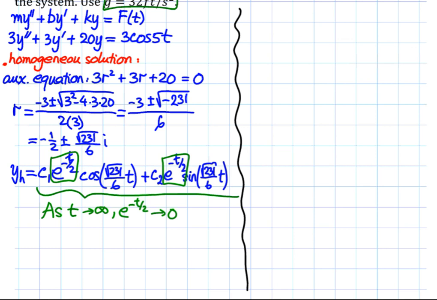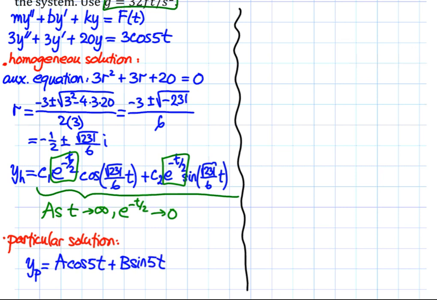So next, the particular solution. We will use the undetermined coefficient method to solve for this, because variation of parameters with y1, y2 is too complicated to use. So first, the guess solution will be of the form a cosine 5t plus b sine of 5t.